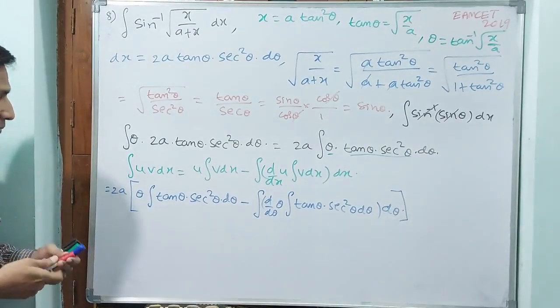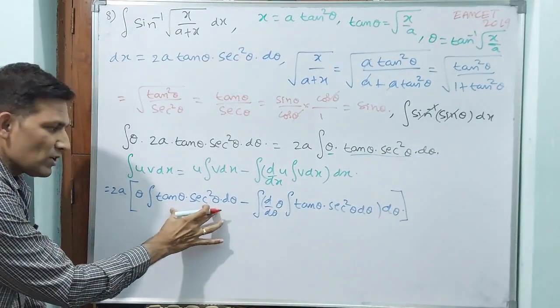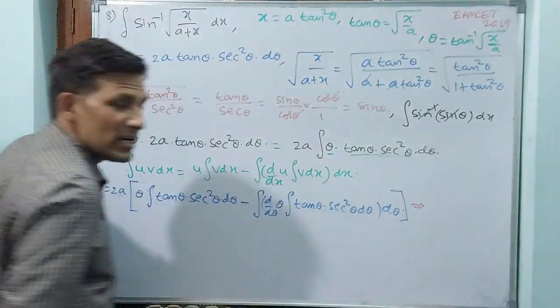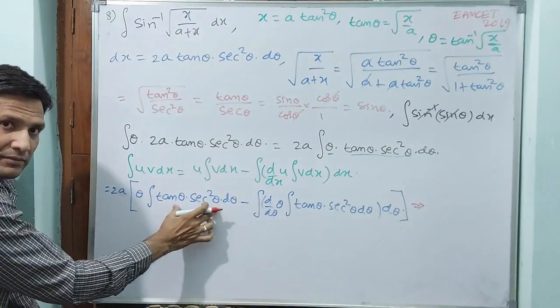Okay, now see I will find this only, tan square theta. See what I am writing, implies I am keeping, fully I am not taking, only I am taking this one.